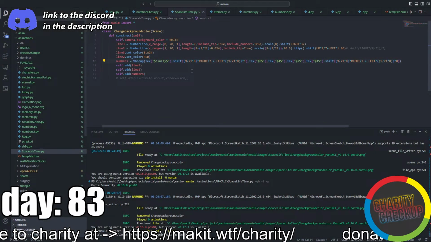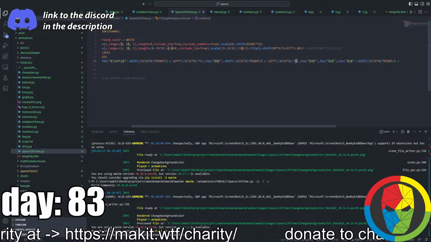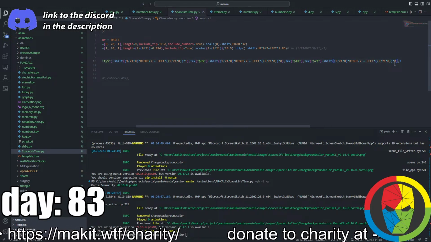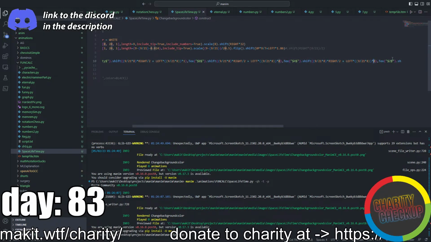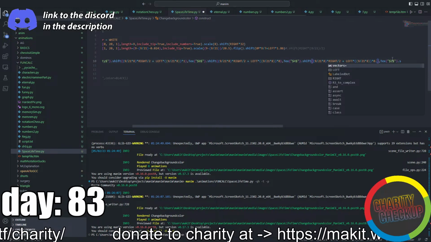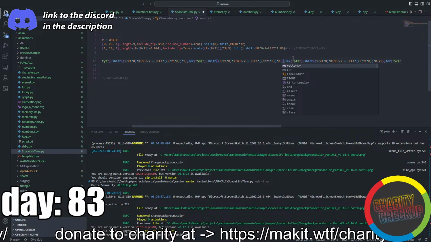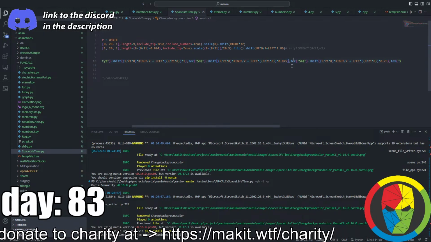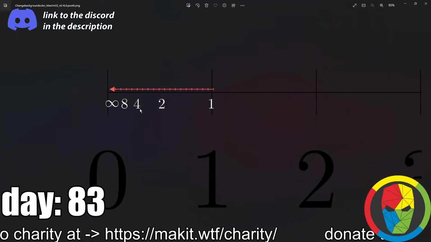Yes, that's correct. Then over here, okay, first 2 would be 0.5, 4 would be 0.75, 8 would be 0.875, right? I think. Let's see now. Yeah, that works.